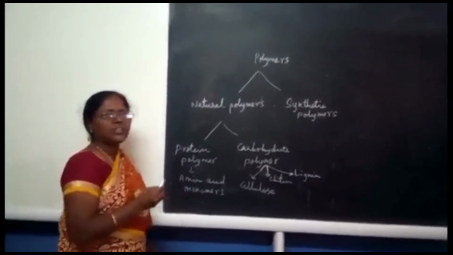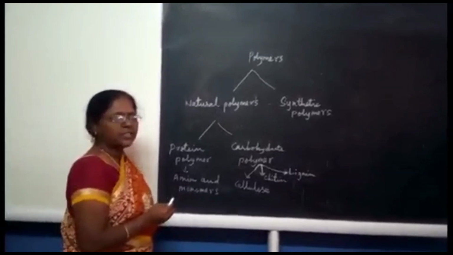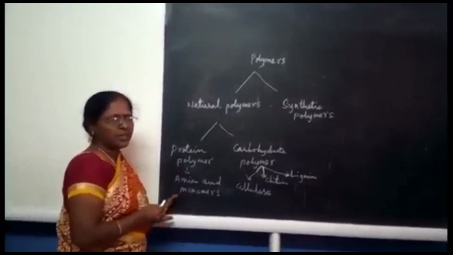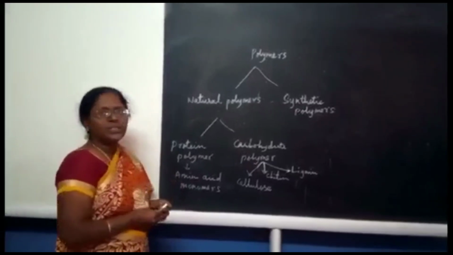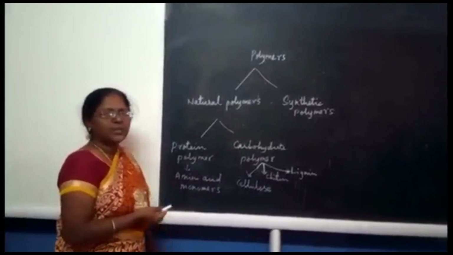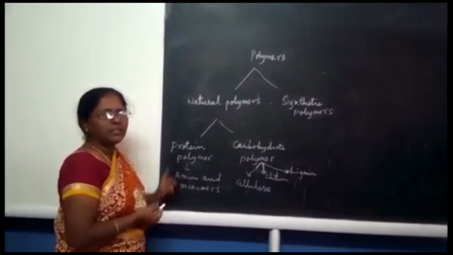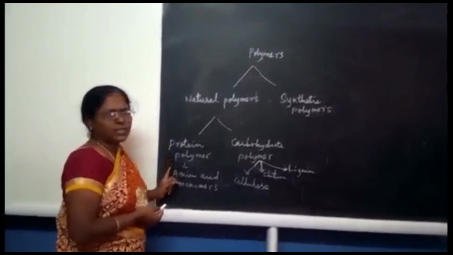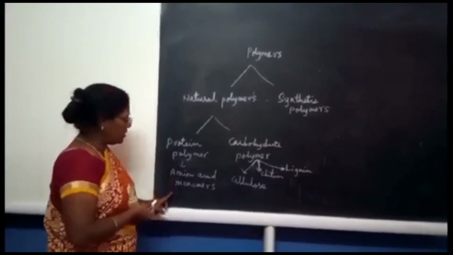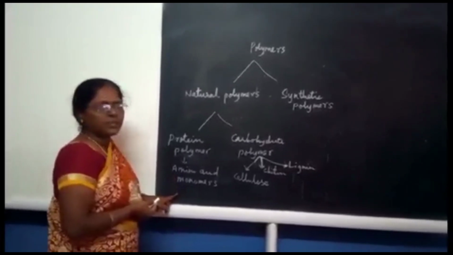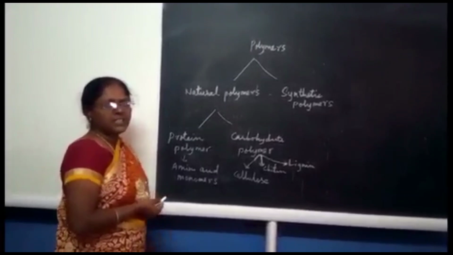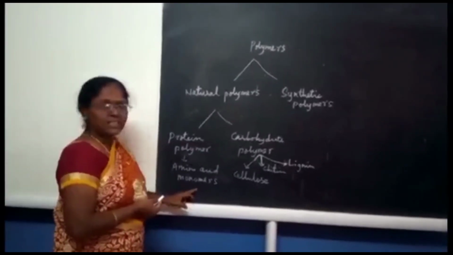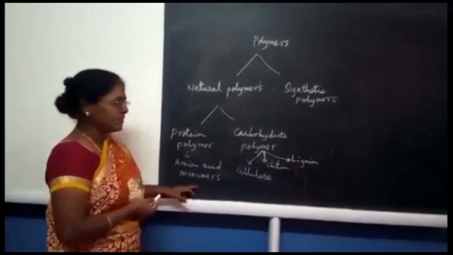Here 20 different kinds of amino acid monomers are taking part. Amino acid monomers are combined and produce different kinds of protein polymers. Examples for protein polymers: enzyme, silk, skin, fingernails, hair, feathers and fur.